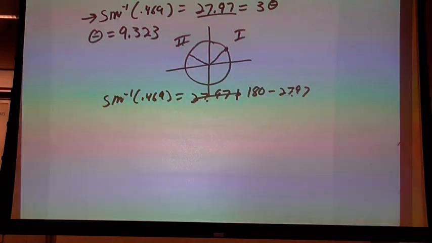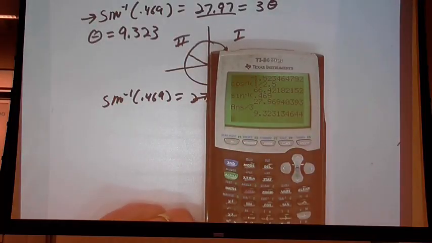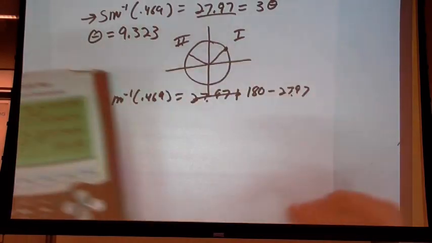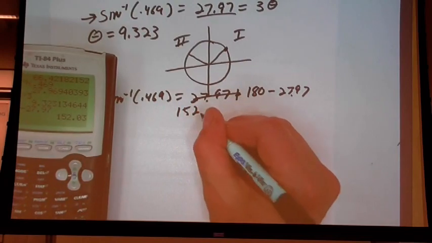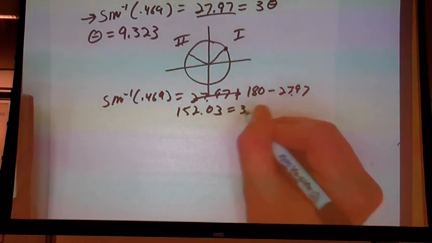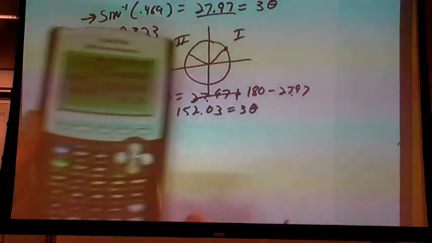All right, let's find out what that is. 180 minus 27.97. Okay, that's 152.03. But again, that's 3 theta, so we want to divide that by 3.